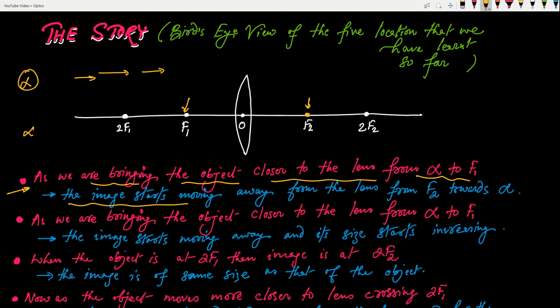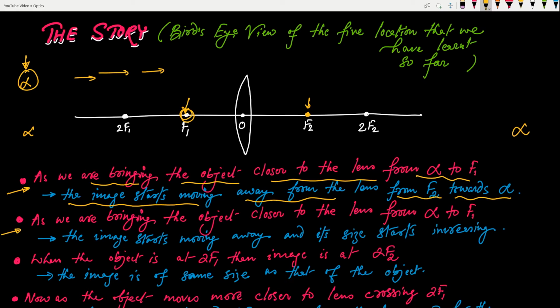Then the image starts moving away from the lens from f2 towards infinity. When we kept the object at infinity, we got the image at f2, and when the object was finally kept at f1, we got the image at infinity. So simple as that. When the object is brought nearer and nearer to the lens from infinity to f1, we got the image moving away from f2 towards infinity. So this is the first point of the story.